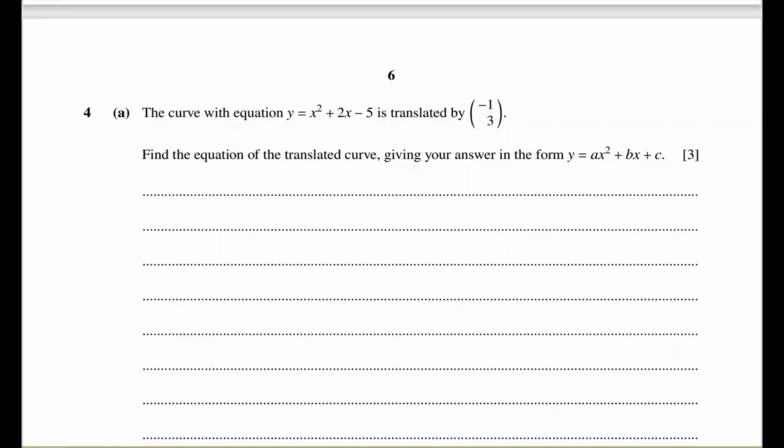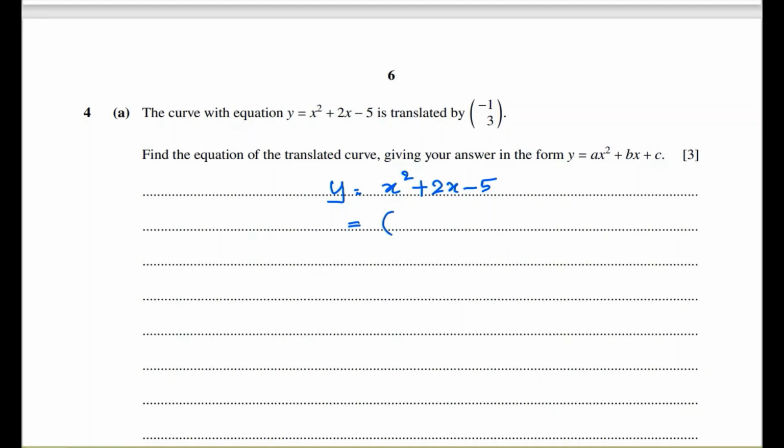Find the equation of the translated curve, giving your answer in the form y is equal to ax square plus bx plus c. So the curve is y is equal to x square plus 2x minus 5. It is translated along the x-axis by -1.